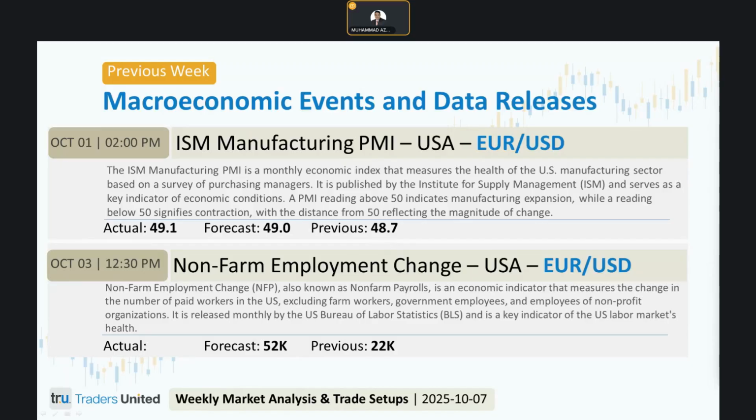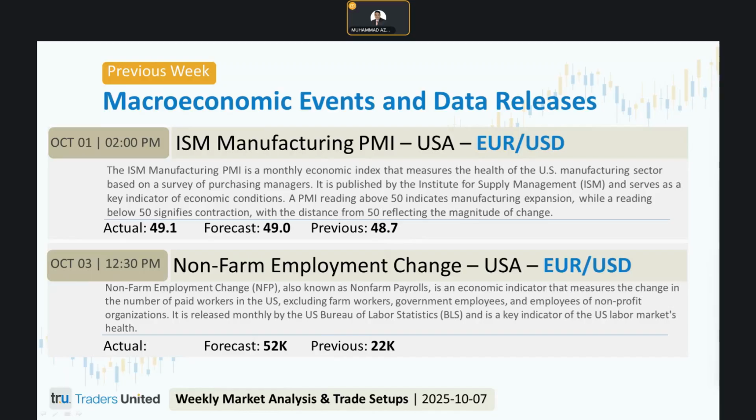However, the key takeaway is that the index remains below the 50 threshold, confirming the USA manufacturing sector is still in contraction for another month. The forex market's initial reaction, a sell-off in EURUSD, indicates that traders looked beyond the minor headline beat and focused on the underlying weakness in specific components.